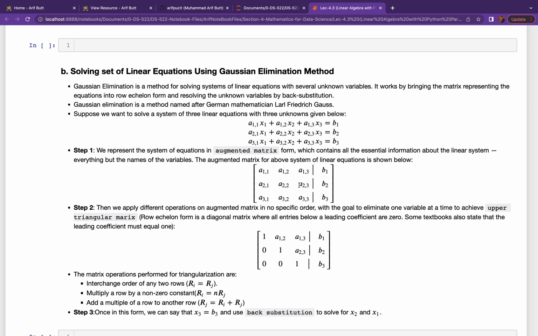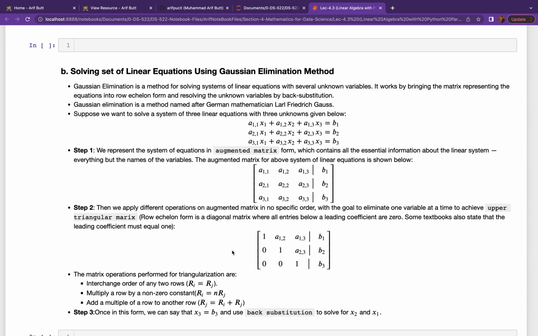An augmented matrix contains all the essential information about the linear system other than the name of the variables. And this is the augmented matrix for a system of three linear equations having three unknowns. So you see this A11, A21, A31, these three coefficients are over here. The name of the variables is not there. We have a straight line over here, and then we have B1, B2, B3. So this is the augmented matrix of this set of linear equations.